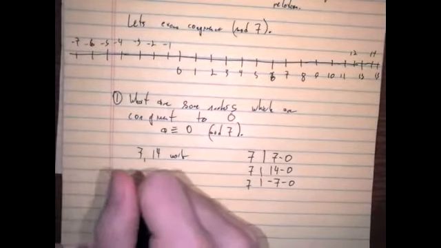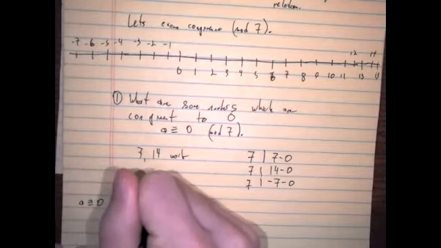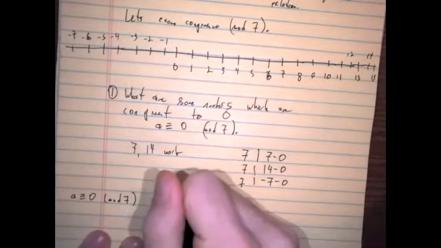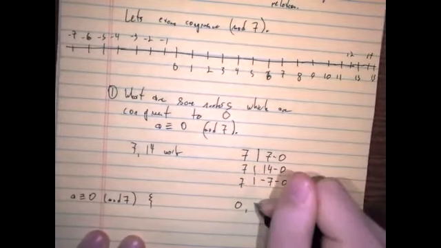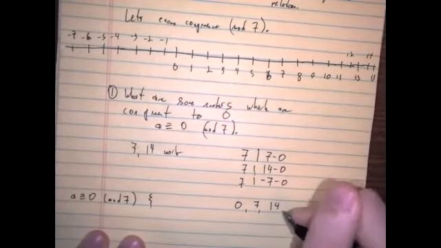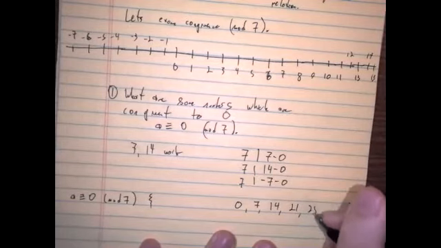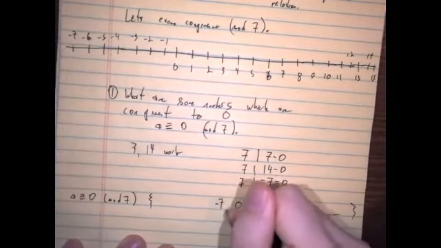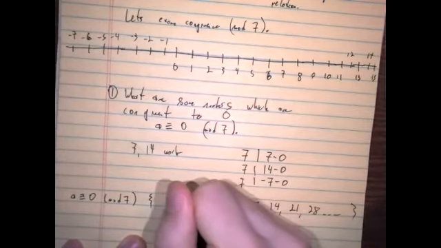So what I'm going to write here is A congruent to 0 mod 7. And then it's going to be a sequence of numbers: 0, 7, 14, 21, 28, all the multiples of 7, and so on. And then negative 7, negative 14, negative 21.